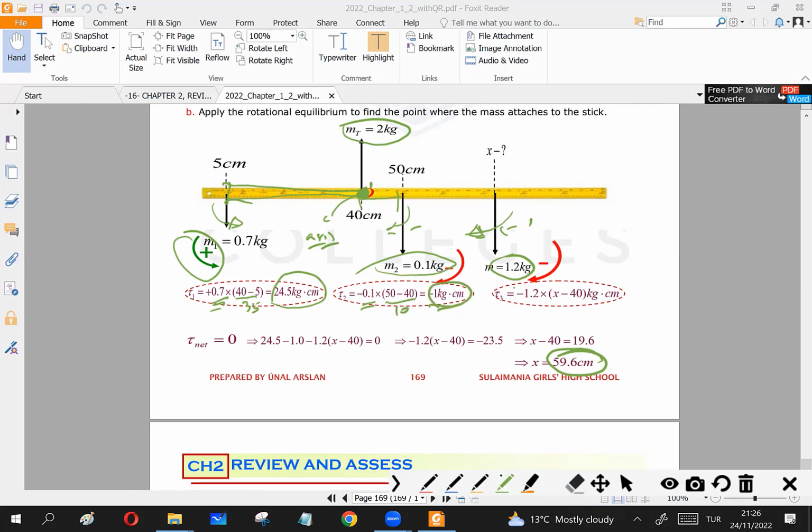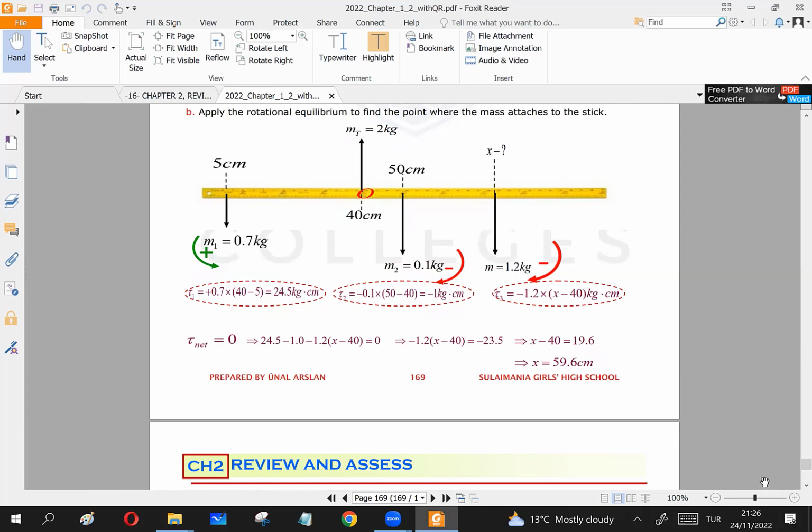And then I calculated the torque of the unknown mass, which we calculated in the first part. Again, it causes a clockwise rotation, so negative. Mass is 1.2. Distance is what? That's the point. I will calculate x. I don't know how much x is. But I know that if I subtract this 40 from x, I can calculate that distance. Yani, here, I need this distance.